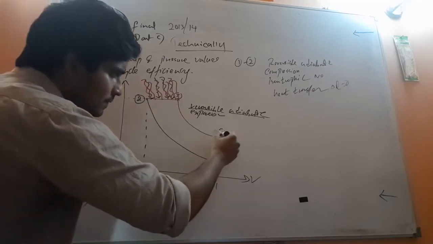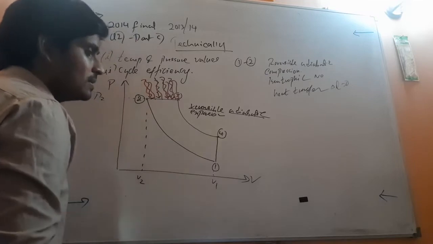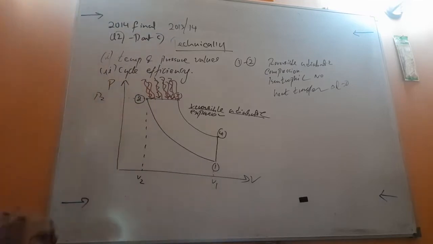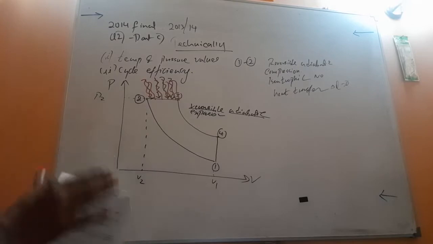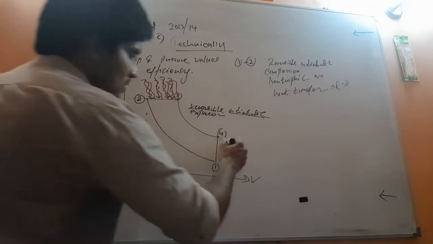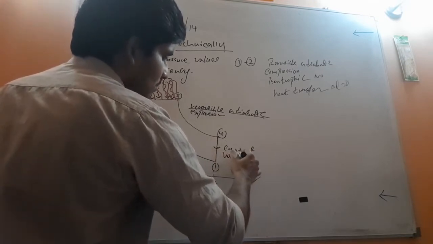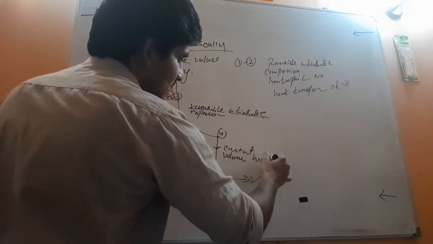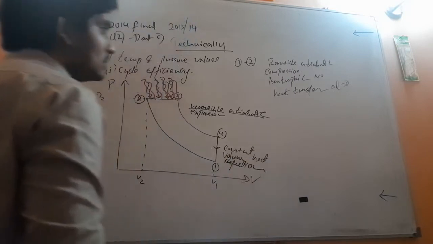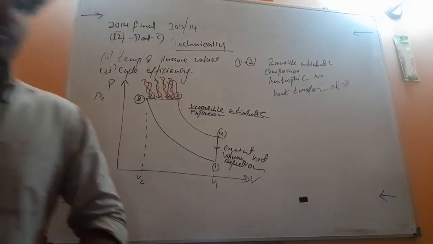And then from point 4 to 1, what do you have? From point 4 to 1, you have constant volume heat rejection. What is that? Constant volume heat rejection.